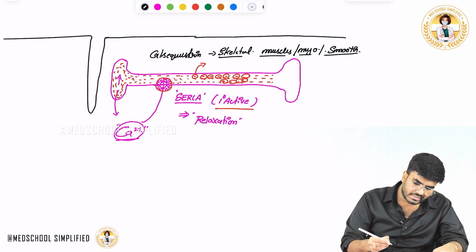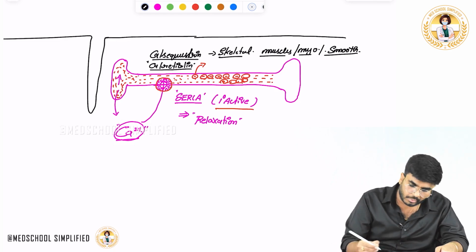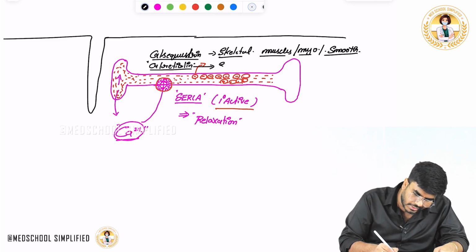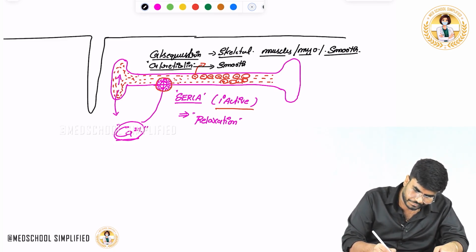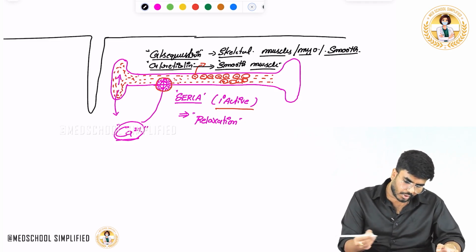One more protein called as calreticulin. This is also a calcium binding protein. So calsequestrin and calreticulin, both are calcium binding proteins. Now the second fellow is present only in smooth muscles. Okay, so these two I am adding here, important points.